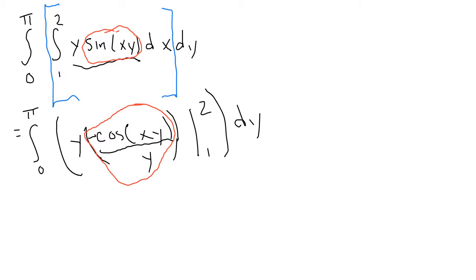And then by the chain rule, the derivative of x times y with respect to x would be just y, and that y would cancel out with this y in the denominator. So that's the correct antiderivative.